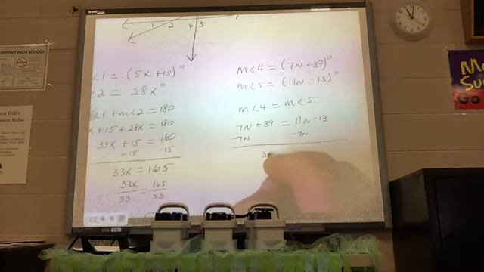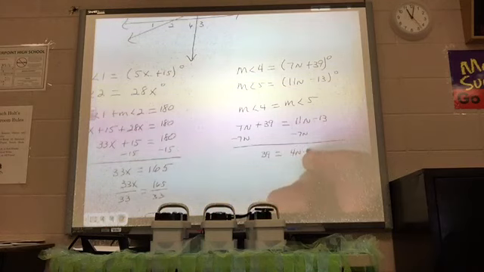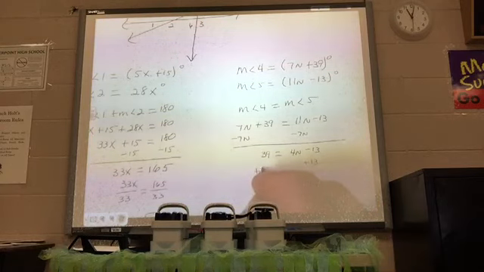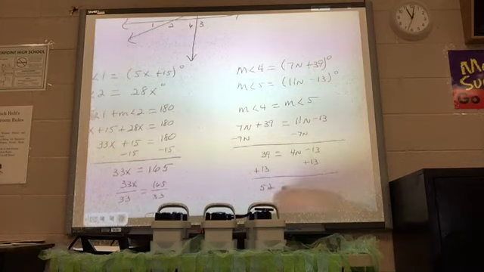We get 39 equal to 4n minus 13. Add 13 to both sides. I get 52 equal to 4n. And I'll divide both sides by 4. So n is 13.